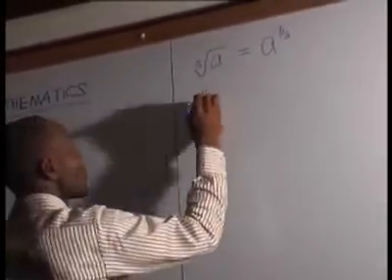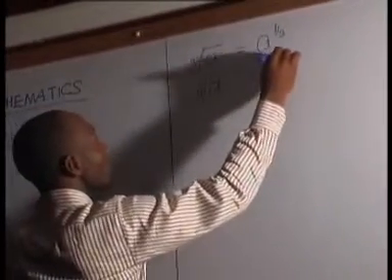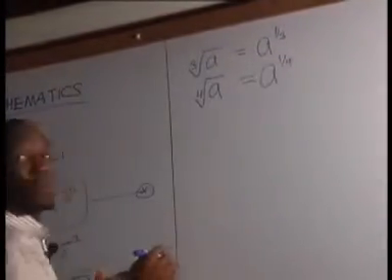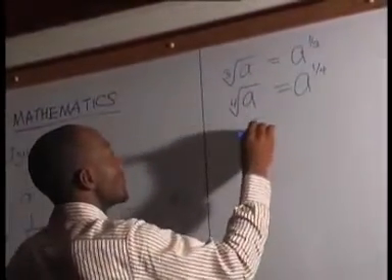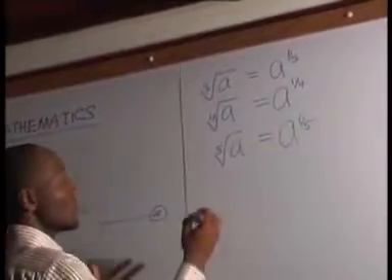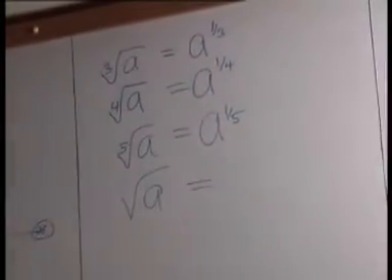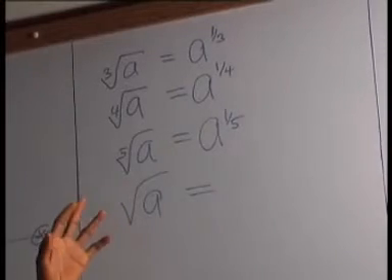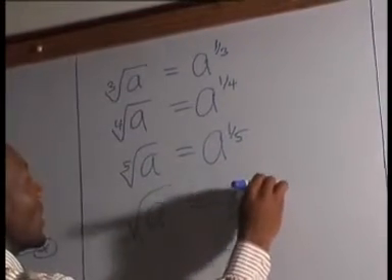The fourth root of A means A raised to power 1 over 4. The 5th root means A raised to power 1 over 5. So if you just write the root of A, what are we assuming? 2. So this one is A raised to power half.